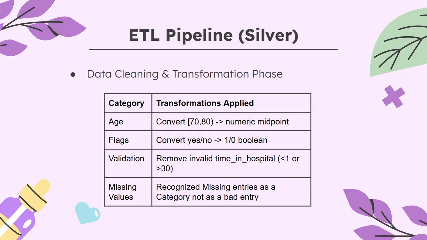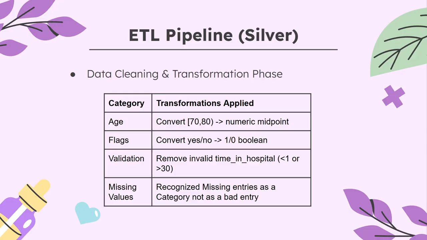For our silver pipeline, we did some data cleaning and transformation phases. We initially transformed age to a numeric midpoint, but we decided to revert that after our proposal, as I feel like the ranges were a better determination for the graphs. For flags, we converted yes, no to 1 and 0s. For validation, we removed invalid time in hospital, so less than 1 or greater than 30.